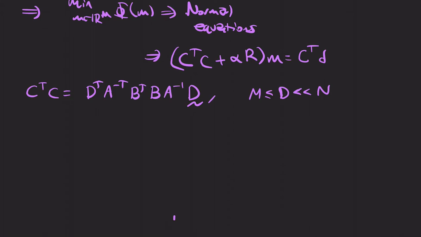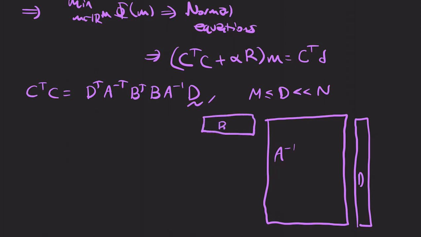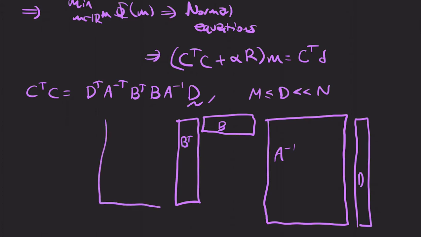So we have skinny, or tall, D, square A inverse that's large, wide B, tall B transpose, A inverse transpose, n by n square, and then D transpose should be wide.